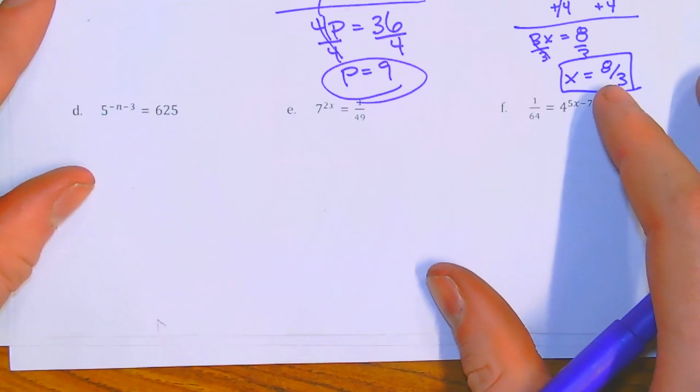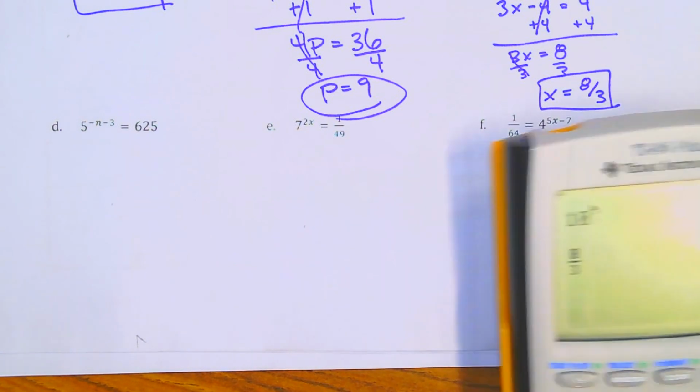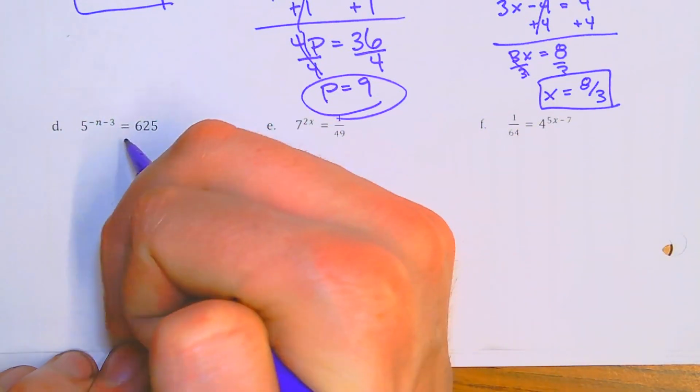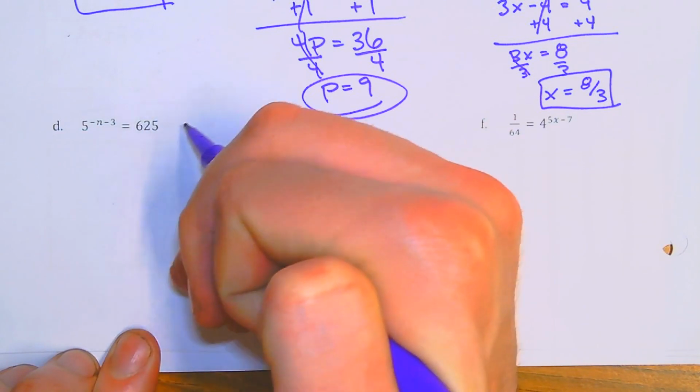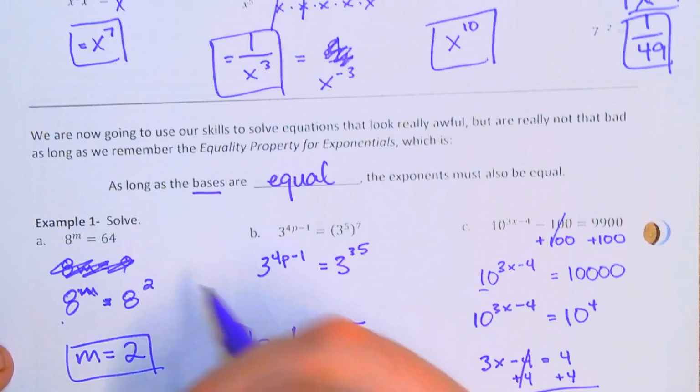Alright, let's move on to our last couple here. So we're going to combine everything that we know up to this point. Okay, so remember, 625, but we want it as base 5. Actually, I'm going to go back and do all of that.